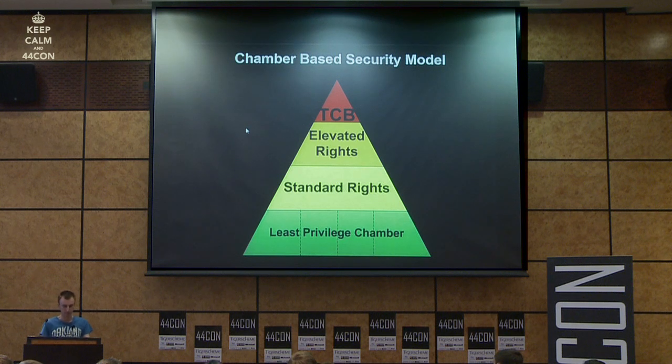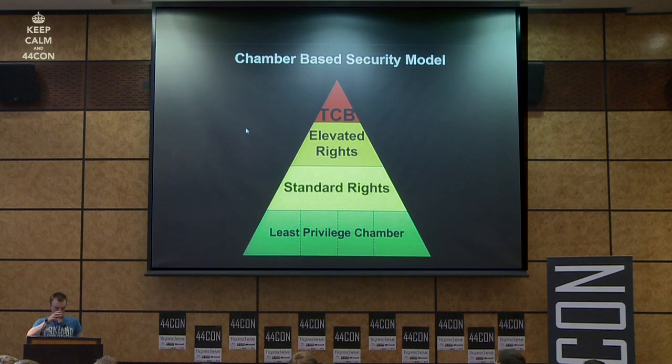And then you have the standard rights chamber. The standard rights chamber is where the mobile office runs. It's for native code applications which don't require high permissions, but still need access to non-globally accessible services. And then finally, you have the least privilege chamber.